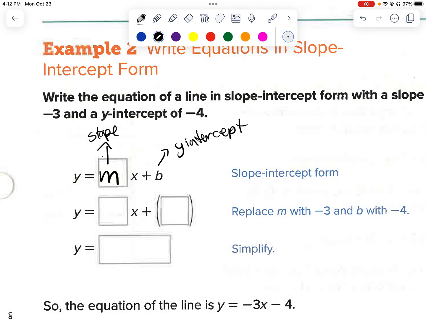Okay, so it says my slope is negative 3, so I'm going to write negative 3 here. It says my y-intercept is negative 4. So my equation is going to say y equals negative 3x minus 4.